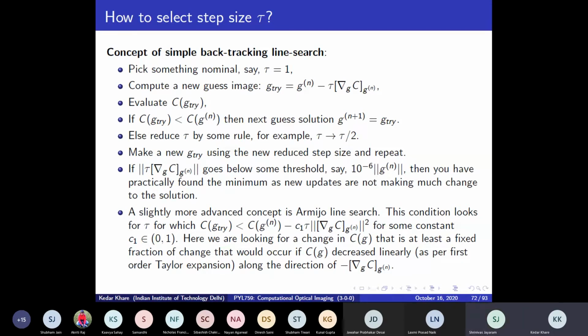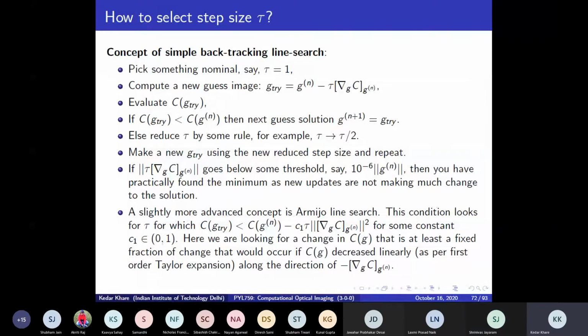Is that clear? Yes, sir. So it has to do with both gtry and how our gradients are being calculated. Yes, that is true. But the gradient here is calculated with respect to the previous guess, Gn.